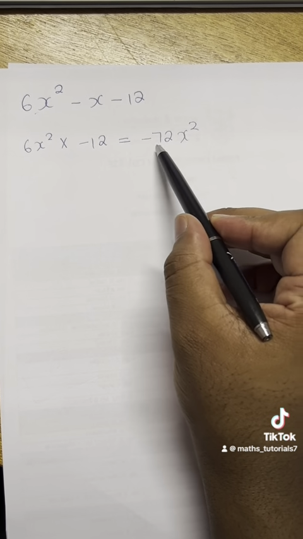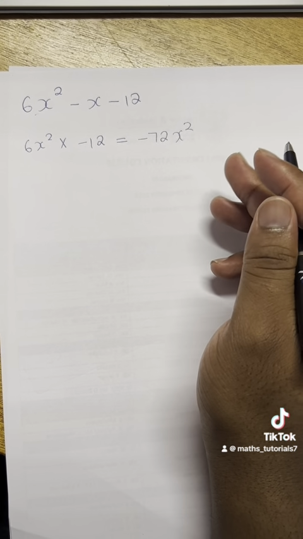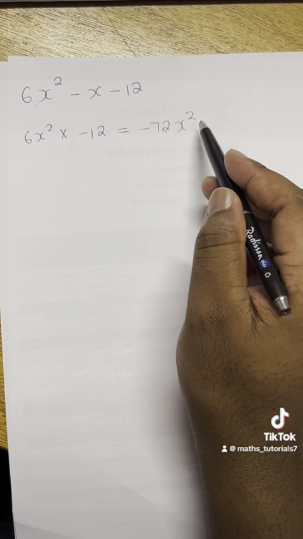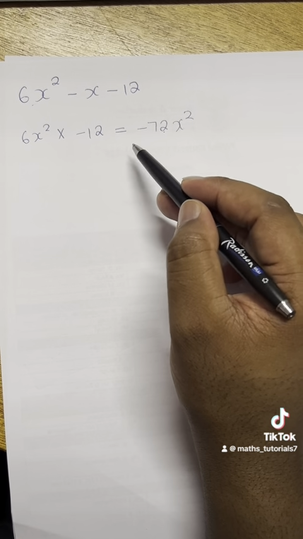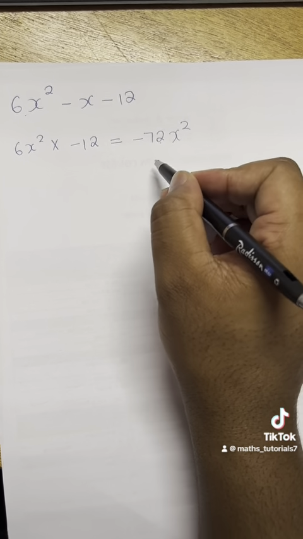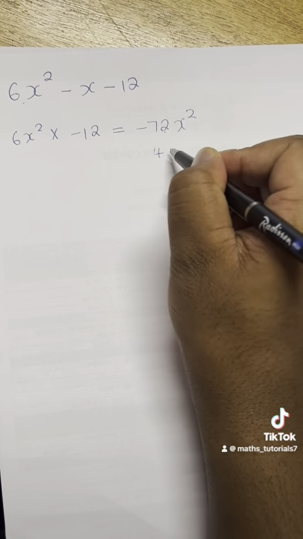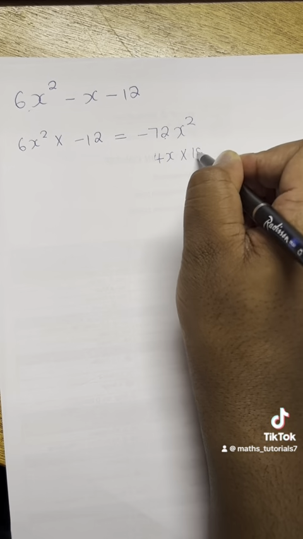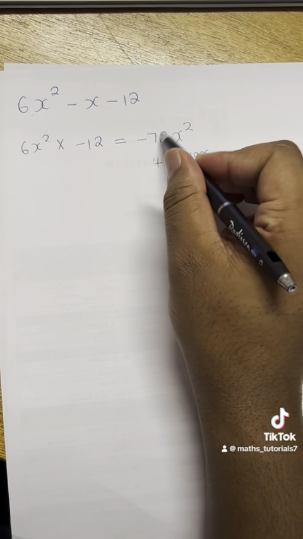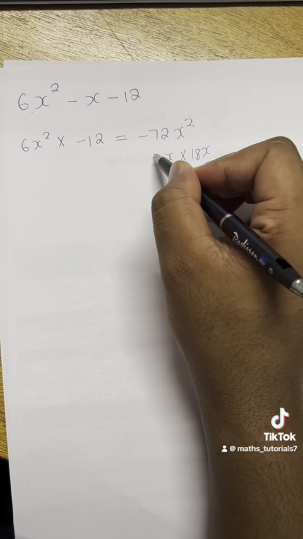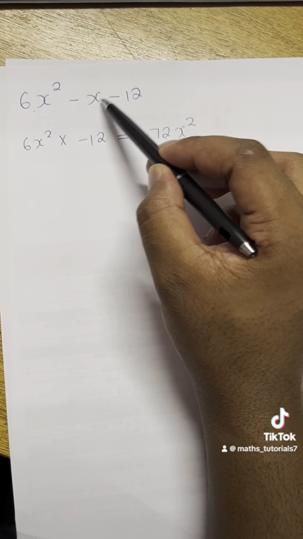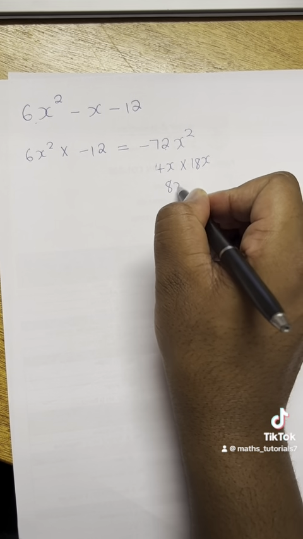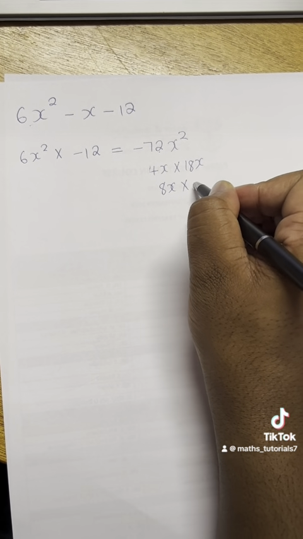We know that 4 times 18 is 72, but 4 and 18 do not add up to minus x. So let's say 4x times 18x. These two will give us 72, but when you add them together, they won't add up to negative x.